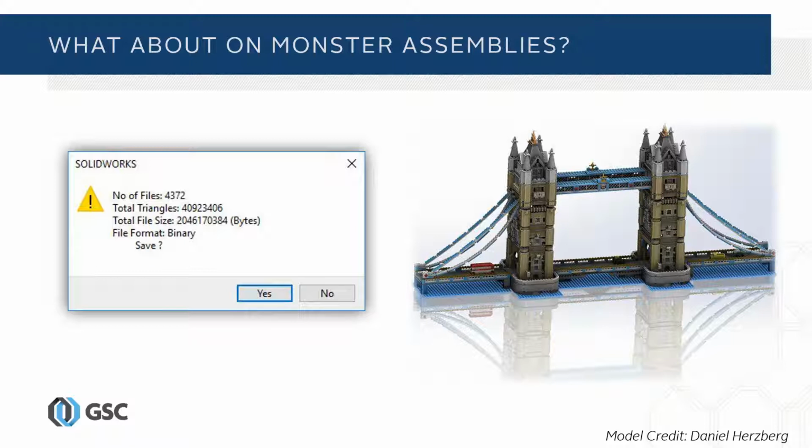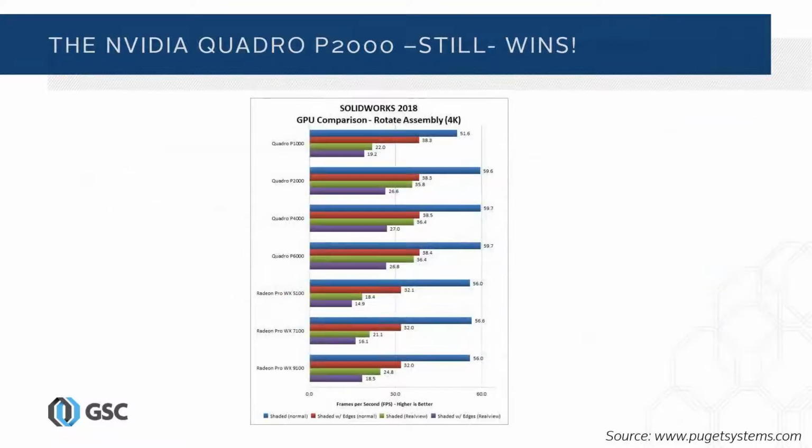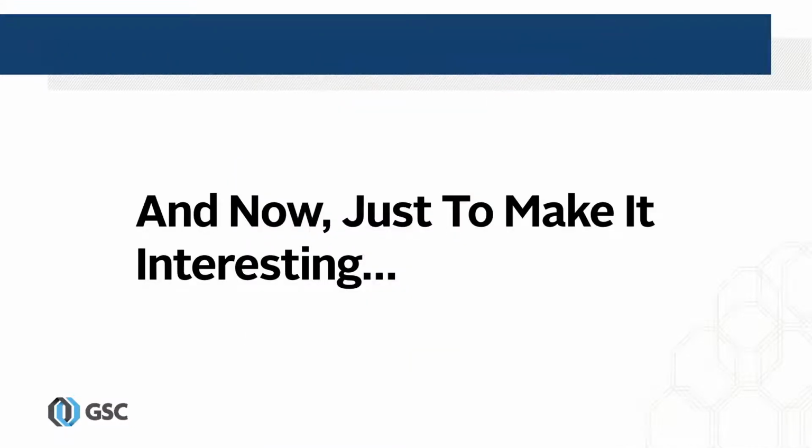Again, to rotate, pan, zoom, looking at the frame rates, they're all fine, over 30 FPS for most modes. But the mid-range card, the $400 card in that generation, was just as fast as anything else. Instead of spending $5,000, you're talking about $400.